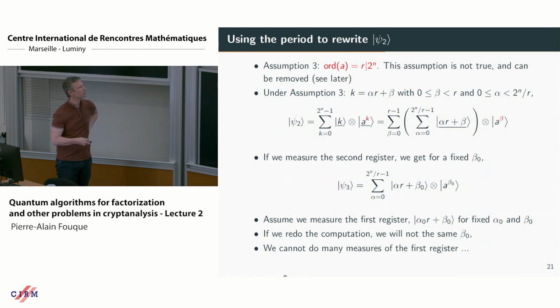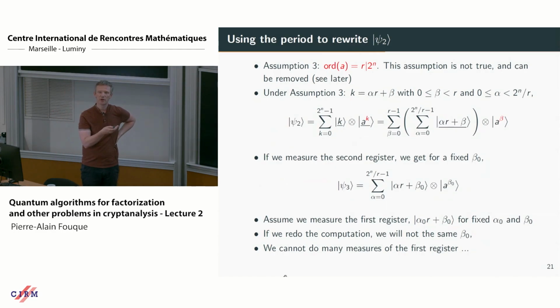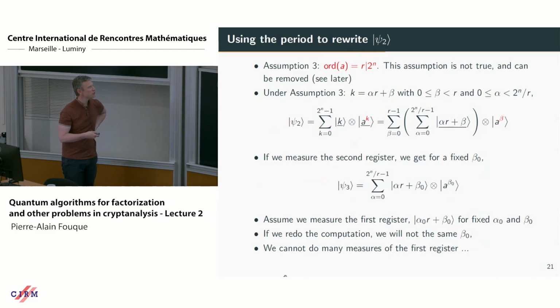For the second register, we know this value, though maybe beta 0 is not entirely known, because we don't have beta 0, we have a to the beta 0 mod n, and if n is large, beta 0 could be very large. So we don't really know beta 0, but it's fixed. For the first register, we will get one of all these alpha values in this set, and we don't know exactly which one. But if I measure this, I will get one of the values.